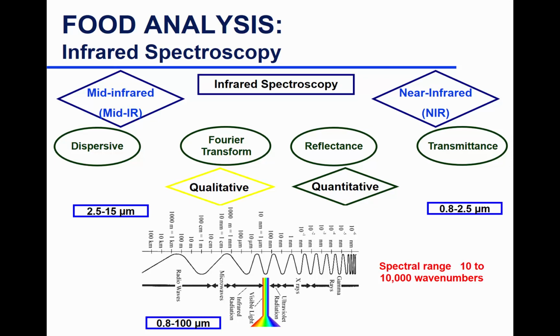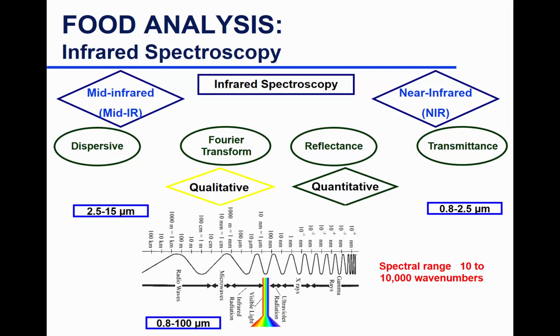These are two types of instrumentation for the use of IR. We'll talk about the difference between dispersive units and Fourier transform units. And in IR, we either rely on measuring reflectance, or the light reflected, or we measure the transmitted light. And we'll talk about that.